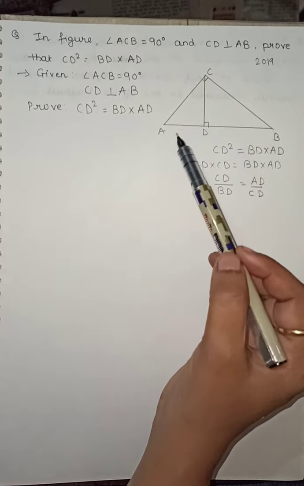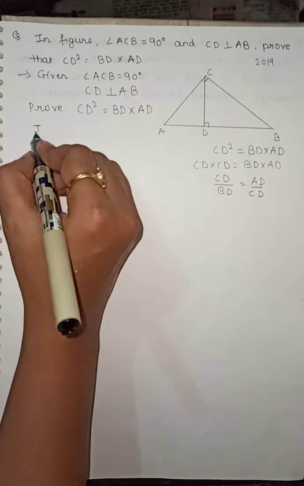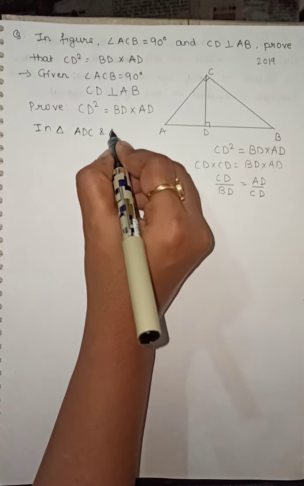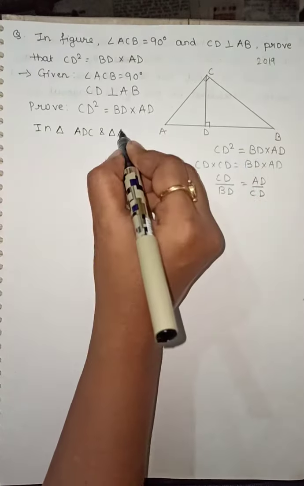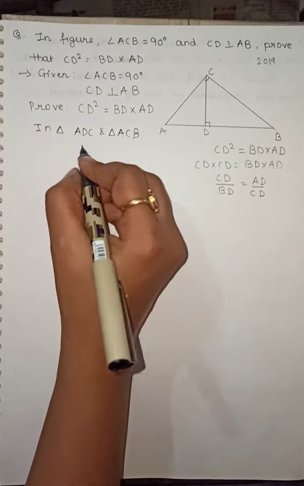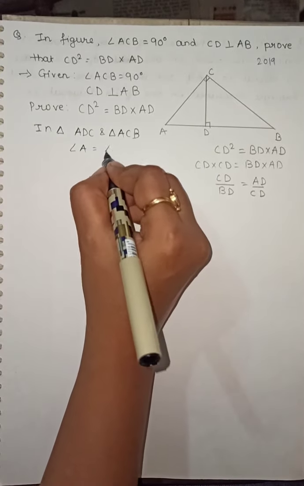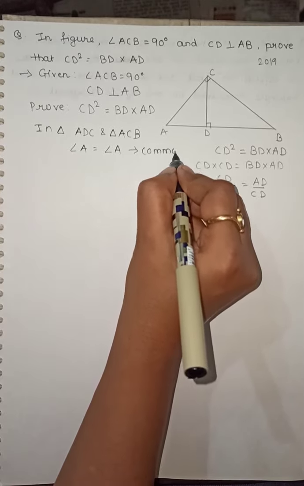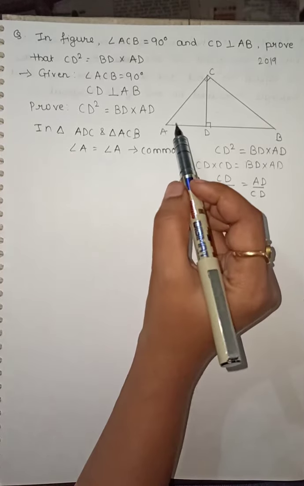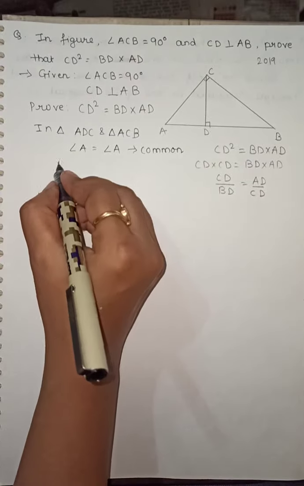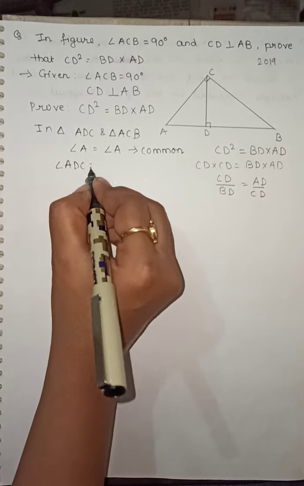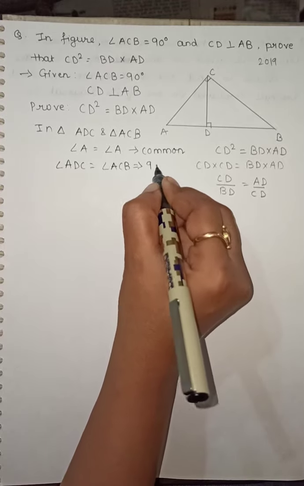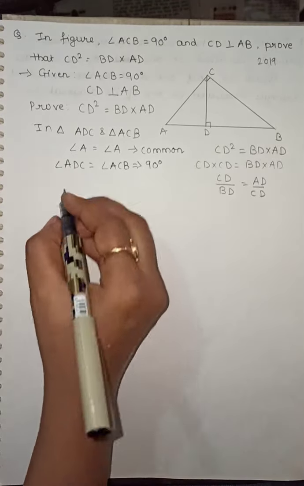So let us show the triangles ADC and ACB. In triangle ADC and triangle ACB, angle A is equal to angle A because that is the common angle, whereas angle ADC is equal to angle ACB because both are 90 degrees. So now two angles you have got as equal.